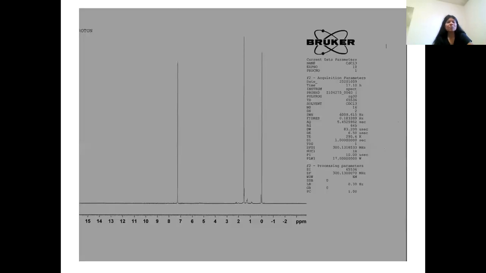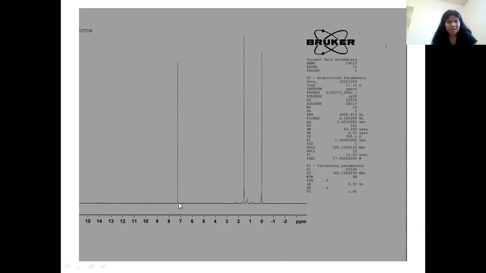Now let me show you the specific solvent proton NMRs. I am showing this to you because I have recorded the solvent NMRs themselves, taking the solvent only without any compounds. So as you can see, this is a CDCl3 NMR, and there is a peak at 0, at 1.5, and at 7 point something, around 7.2.